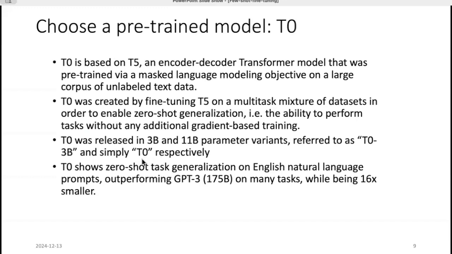If you see T0, it's 11 billion parameters. T0 shows zero-shot task generalization on English and outperforms GPT-3 at that time. GPT-3 is a 175 billion parameter model, and it outperformed it on many tasks while being about 16 times smaller in 2022.